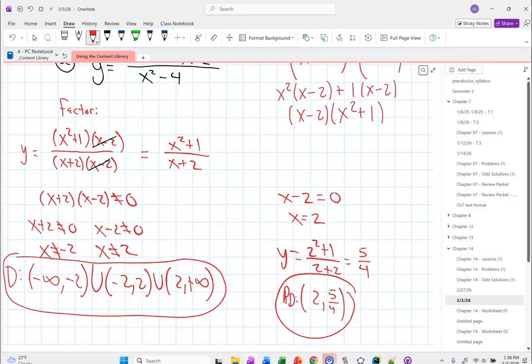So my removable discontinuity is (2, 5/4). So far, so good.